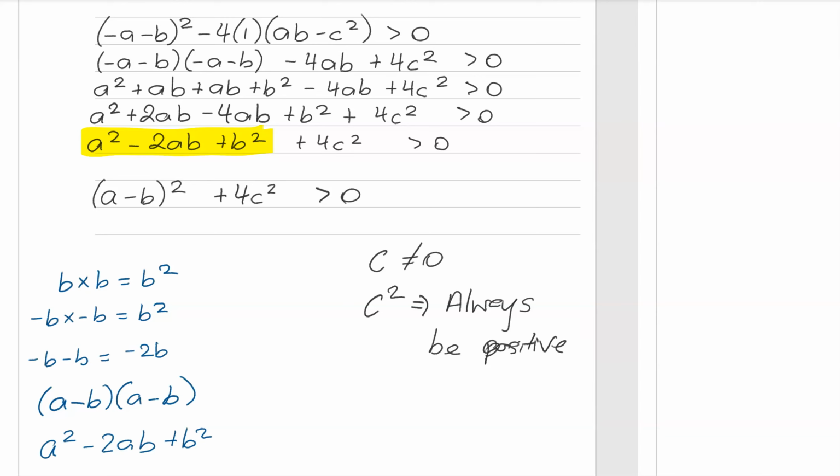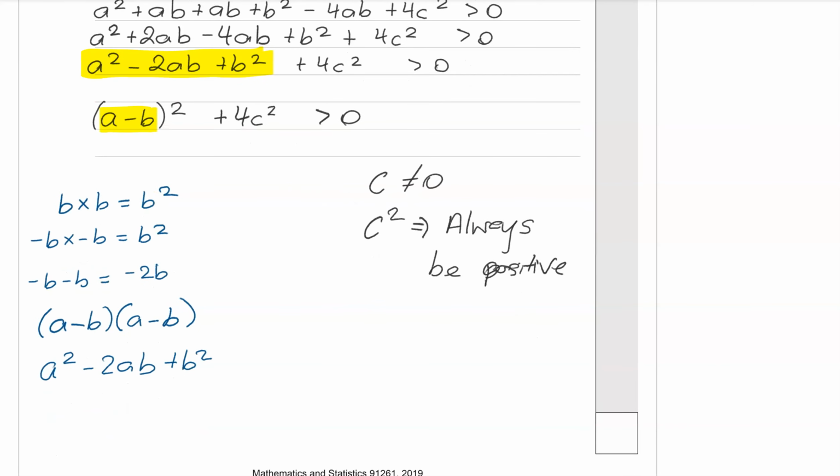So I'm not really worried about a and b, because I'm adding that, and (a minus b) squared will always be positive no matter what the value is, even if it's a negative number. And c squared would always be positive. Because I'm adding them, this would always be greater than 0. So I have shown this is possible as long as you state that c squared will always be positive.